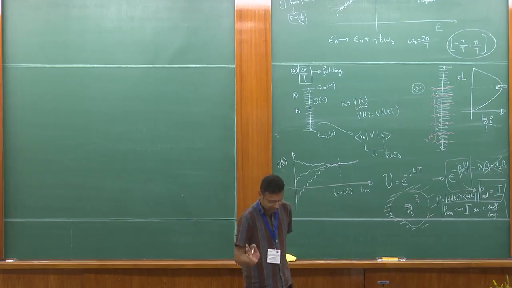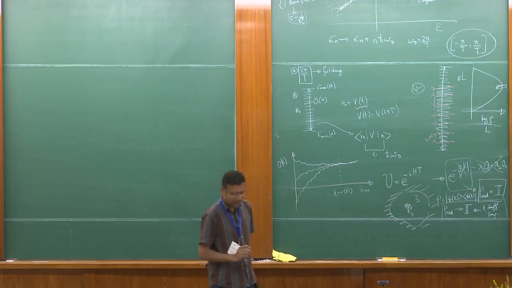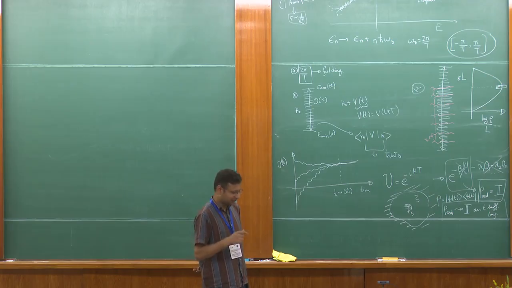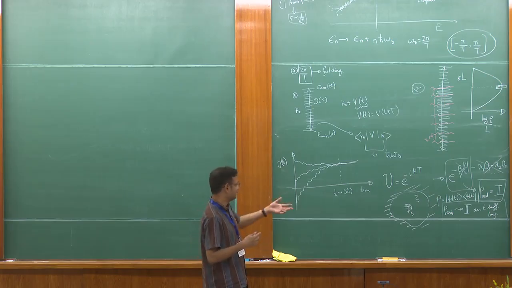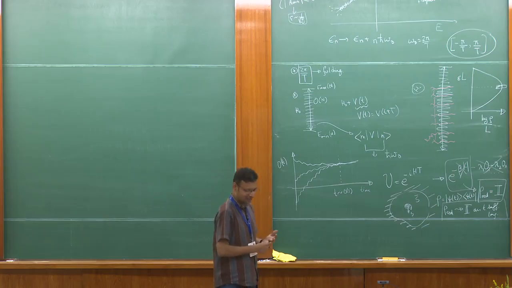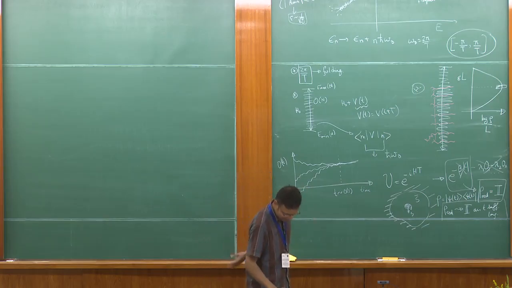So that's the second way of rationalizing this result. But I would again like to stress that these are not proofs. Just because they seem very plausible arguments, it may not mean that there's no more interesting physics hidden here, and you shouldn't stop thinking about them. So that's all I would want to add here.